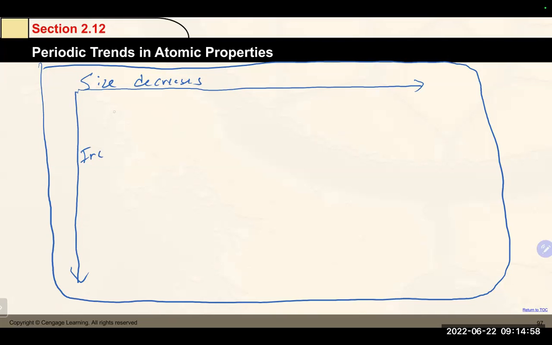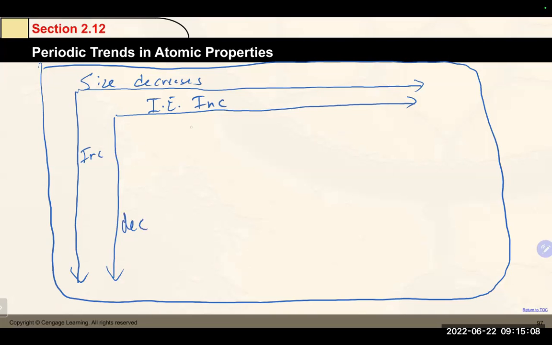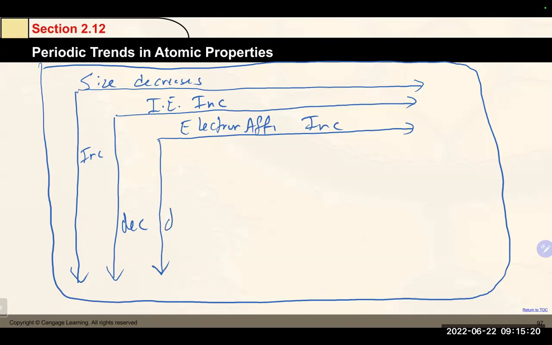Going from left to right, our ionization energy increases and decreases as you go down. Our electron affinity increases as you go up and to the right and decreases as you come down.